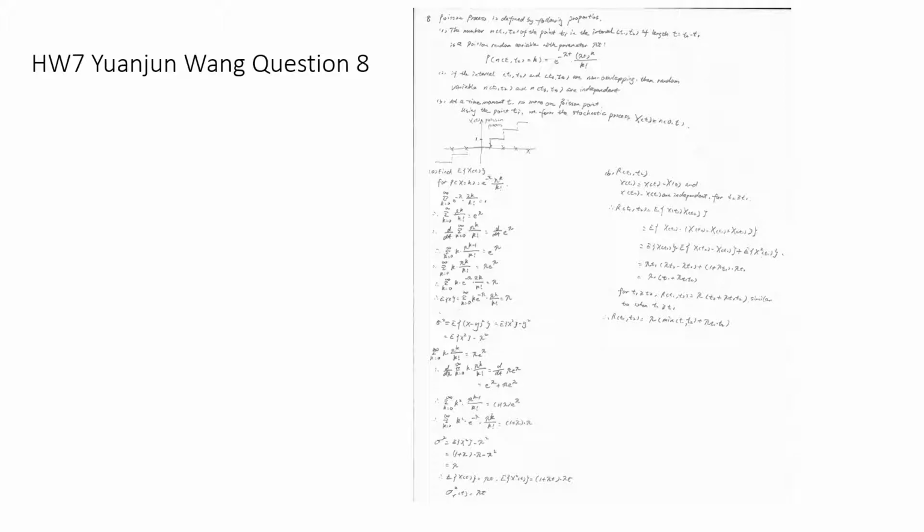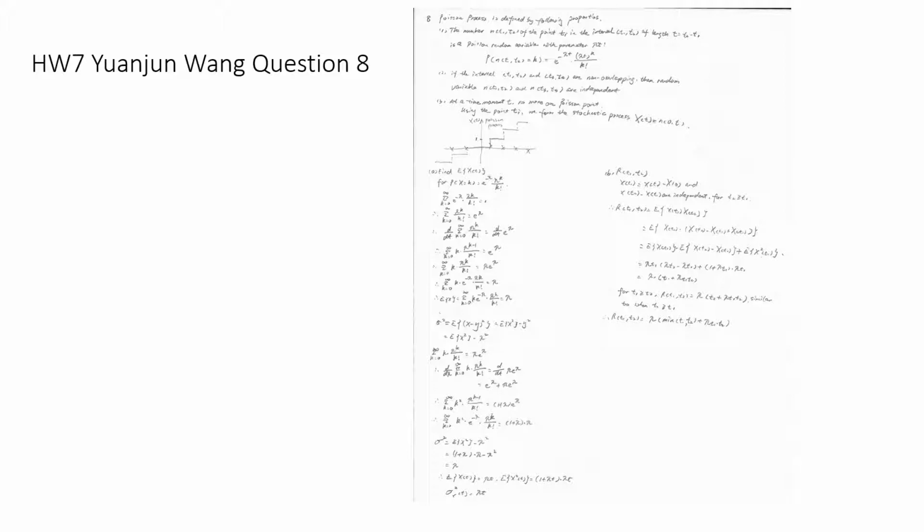So we know that E of X(t) is equal to lambda times t. For the variance, it is equal to E of (X minus eta) squared, which is E of X squared minus eta squared, which is E of X squared minus lambda squared.